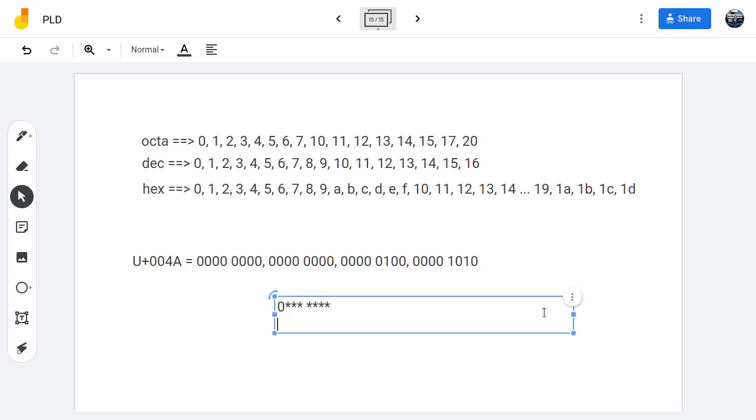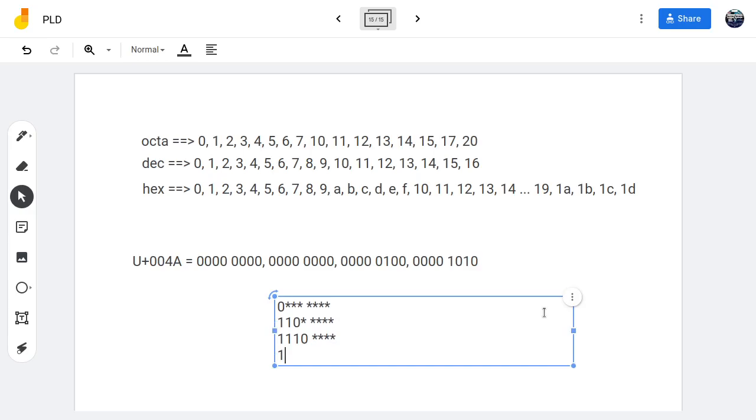When it begins with 10, no, 10 is continuation. So let's say 110: this is for 2 bytes, and it will expect 5 other bits. You're making progress. When it begins with 1110, this is for 3 bytes, and it will expect 4 other bits.